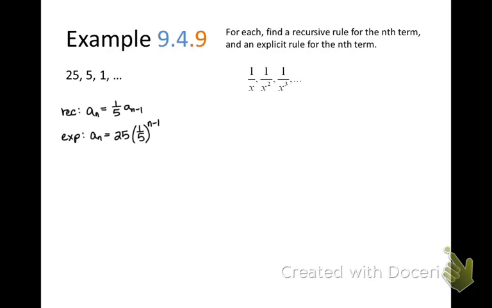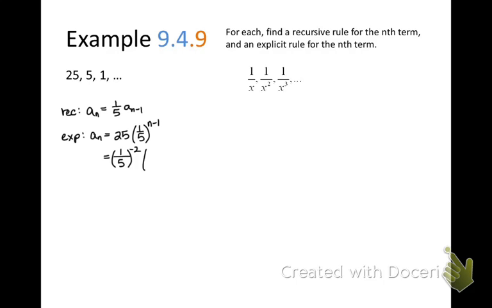Okay, now sometimes you can kind of simplify your formula a little bit if you can rewrite your first term to look like the 1/5. So what I'm thinking is I can write 25 as 1 over 5, all of that to the negative 2. Does everyone see that? So the negative would flip the 1/5 up to 5 and then square it is 25, right? Why did I do that?